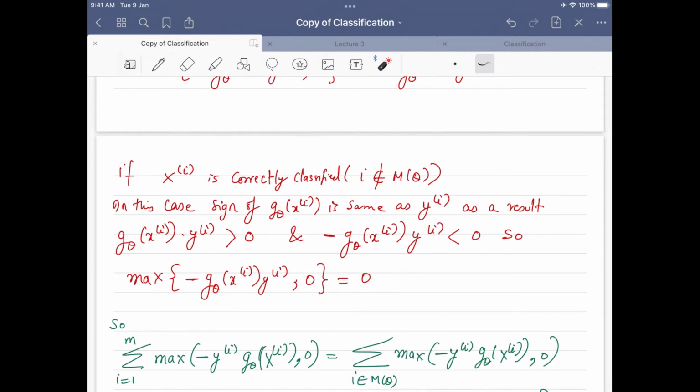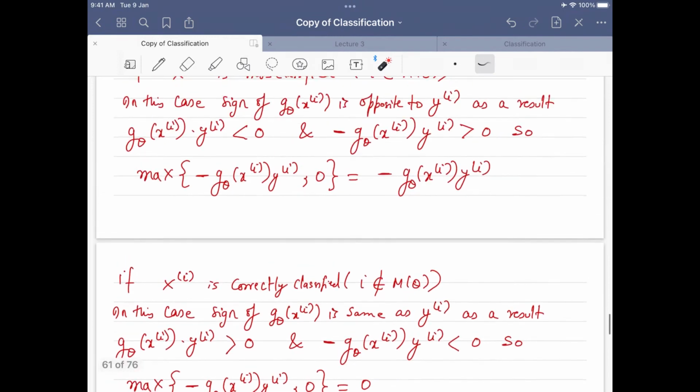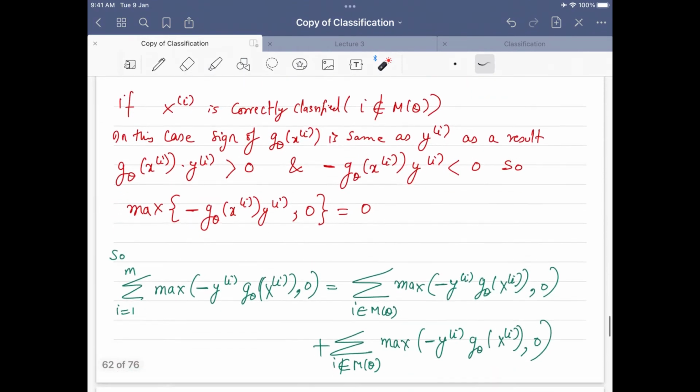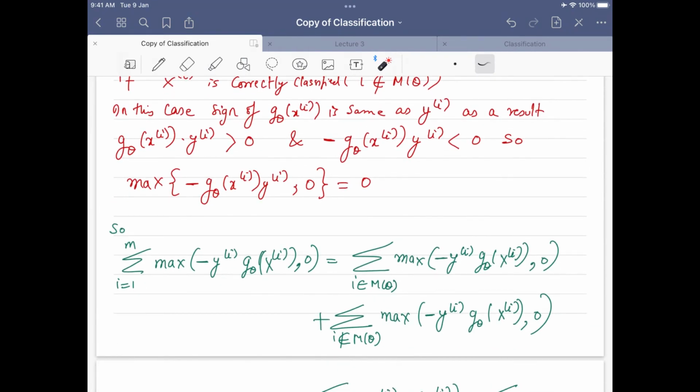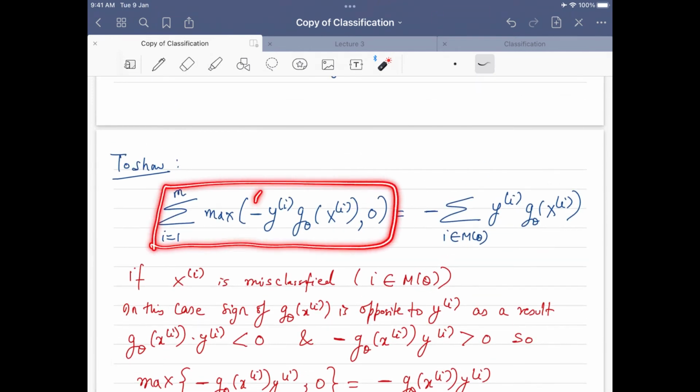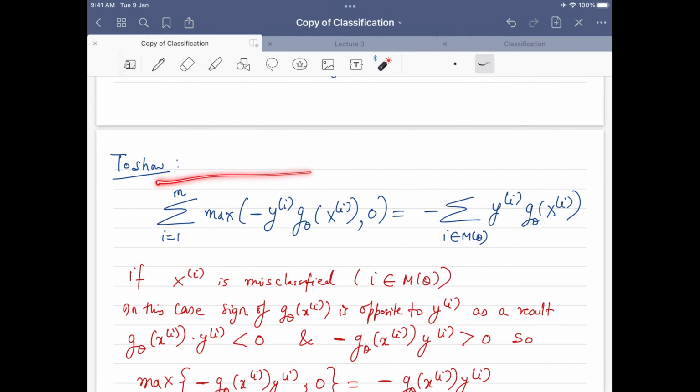So if it is correctly classified, your answer is 0, and if it is not correctly classified, you will get this as the answer. So now, keeping these 2 points in mind, if you expand the term on the left side, which we were trying to make equal to this, I am now focusing on this one.